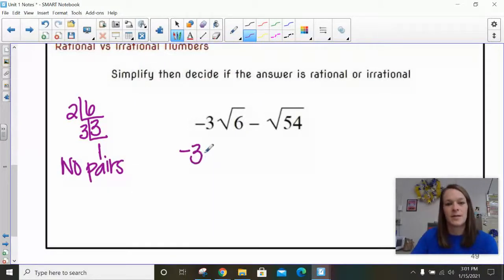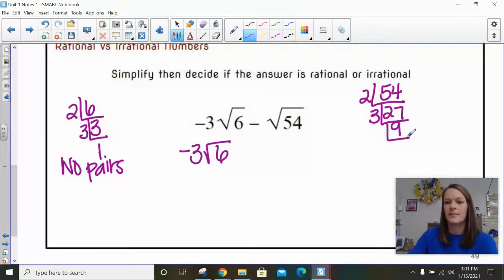So the -3 square root 6 stays the same. Over here, I'm going to do 54. If you divide that by 2, you get 27. Divide that by 3, you get 9. Divide by 3 again, and you get 3. And divide by 3, and you get 1.